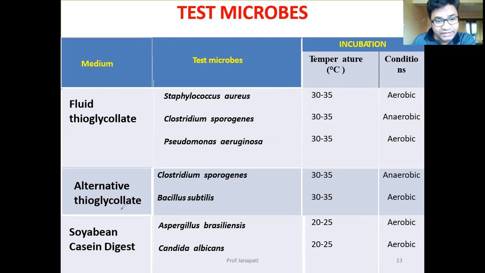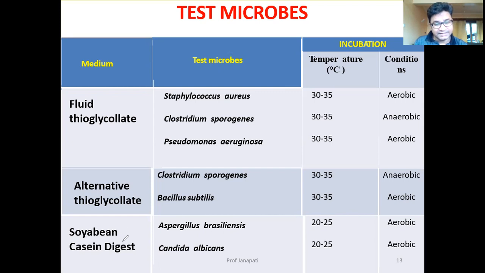For alternate thioglycolate medium, you can use Clostridium sporogenes as the test microorganism, and Bacillus subtilis for aerobic.